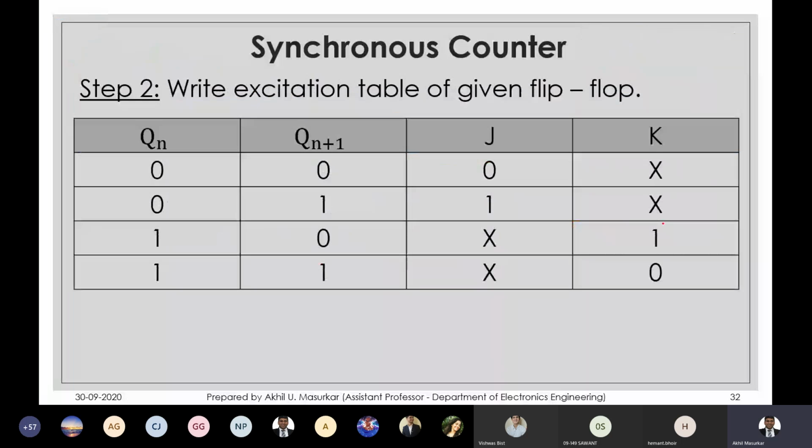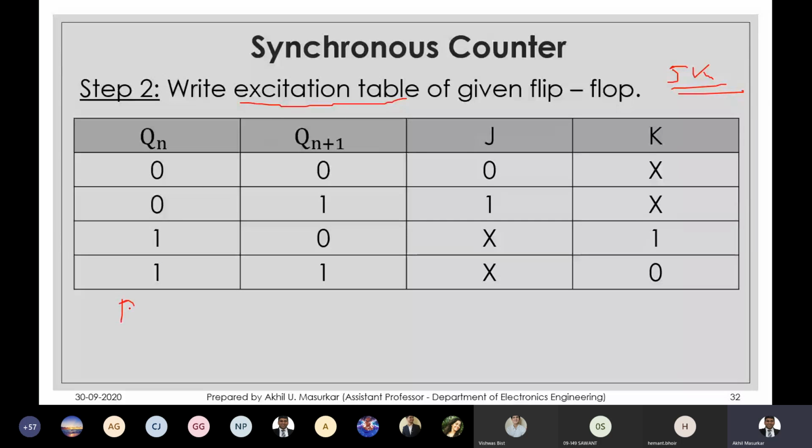Right. Next, step number 2. That is the excitation table for the given flip-flop. So which is the given flip-flop? JK. So I am writing the excitation table of the JK flip-flop.